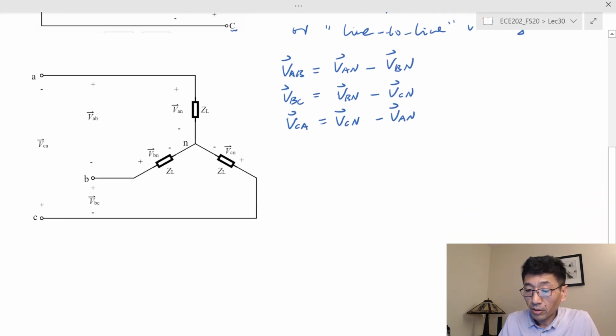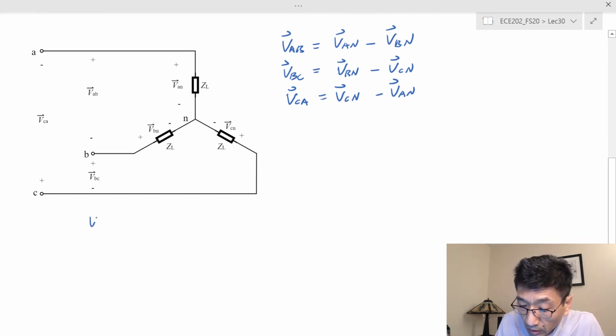So for the three-phase load, we can also define the phase voltages, or the line-to-neutral voltages. And here I use the lowercase a, b, c to indicate the line points, and for the neutral point, I use a lowercase n.